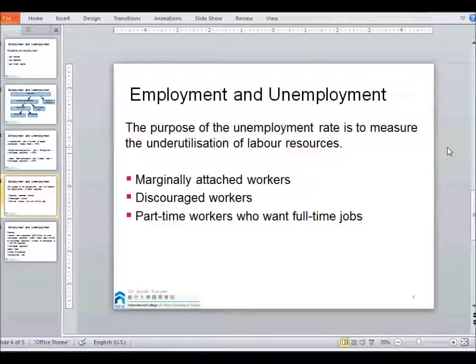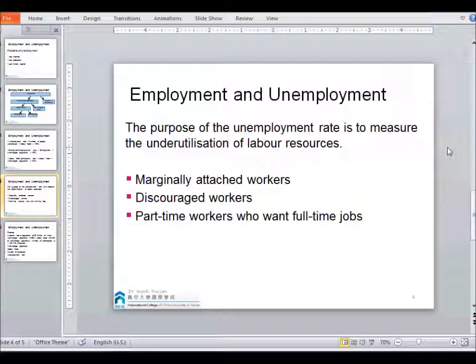Another source of understatement of the amount of labor not used in production is those who have a part-time job and who want to get a full-time job instead. Some of their time is not utilized, and they would like to utilize more of their time and labor. However, these people who do have a part-time job would not be counted as unemployed.